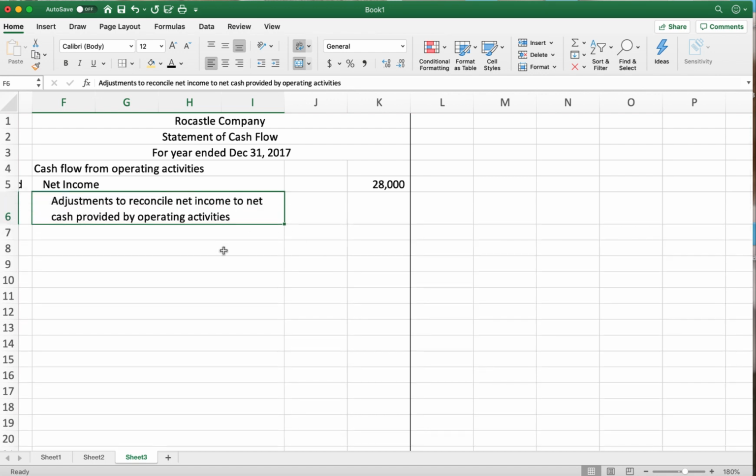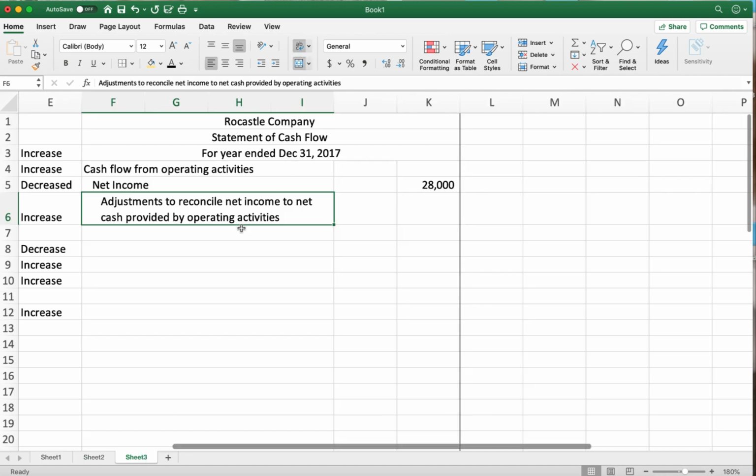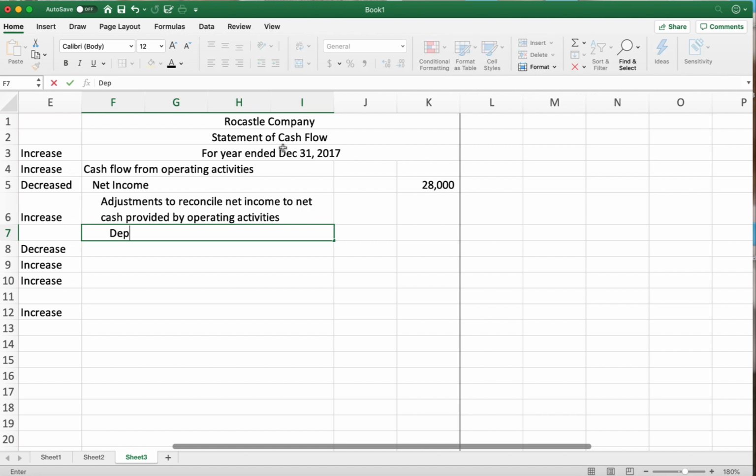Okay, so what's the first thing I need to do? Well, maybe if I were you, I'd probably have this on a note card, right? These steps, okay? I know them, so I'm just going to rattle them off. First thing I need to do is indent 3 times. Okay, and we're going to add back our depreciation expense.